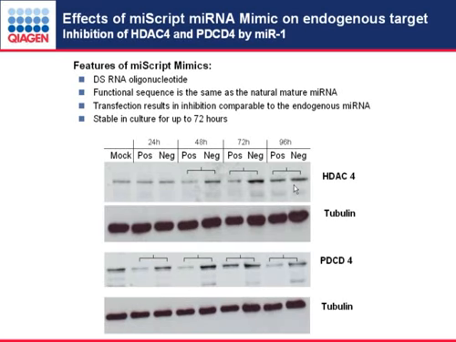And as you can see, the protein levels of either HDAC4 or PDCD4 in cells transfected with the miR1 mimic were reduced to that of the mock levels through at least 72 hours, suggesting the effectiveness of miR1 in regulating the protein levels of HDAC4 and PDCD4.